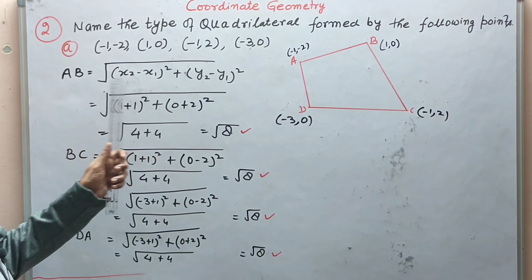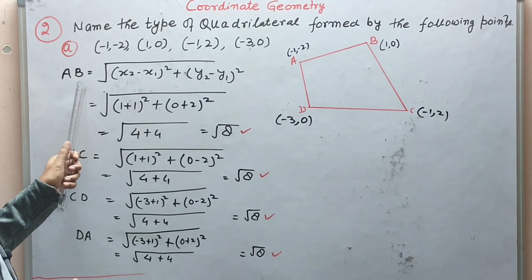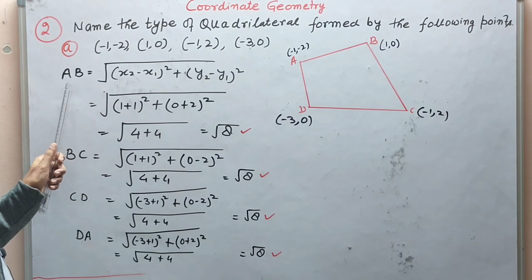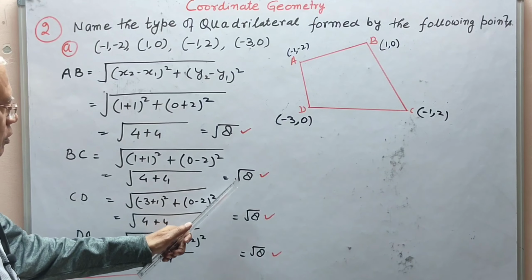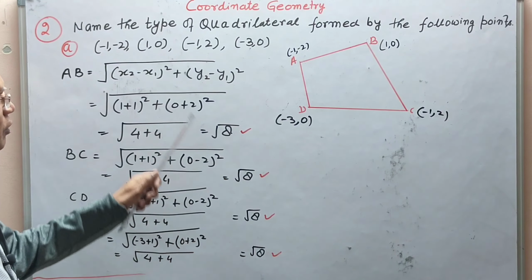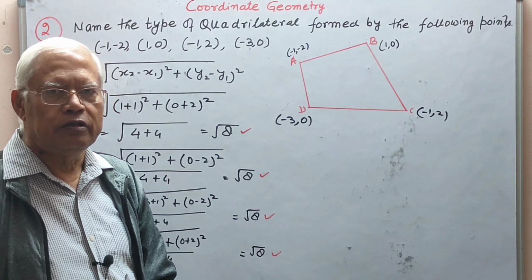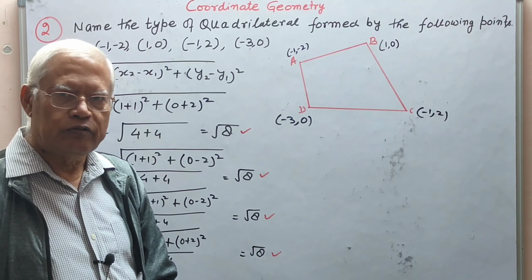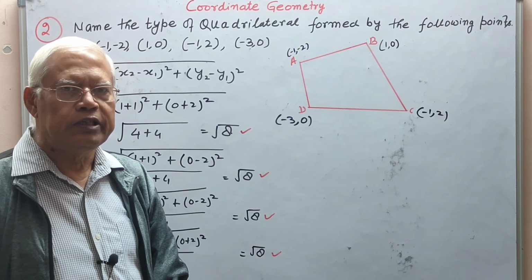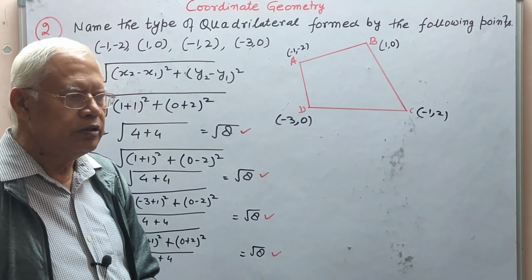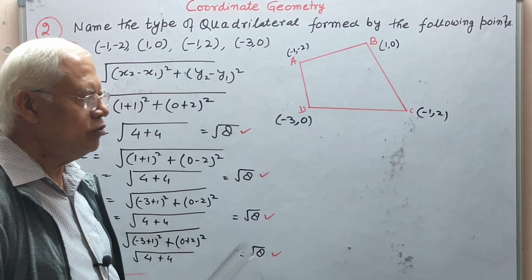Thus with the help of distance formula, I have calculated the lengths of sides of this quadrilateral AB, BC, CD, DA, and all these four are square root of 8, meaning four sides are equal. It means the quadrilateral may be a square or a rhombus. So in order to decide whether it is a square or a rhombus, we have to find out the lengths of its diagonals also.